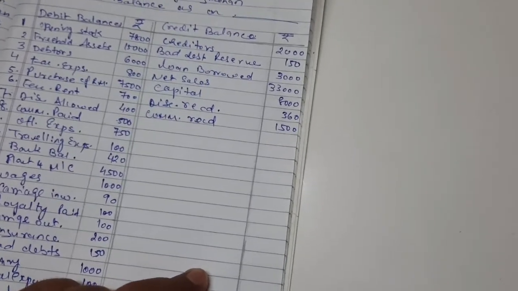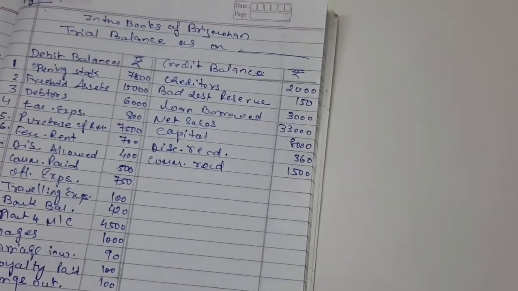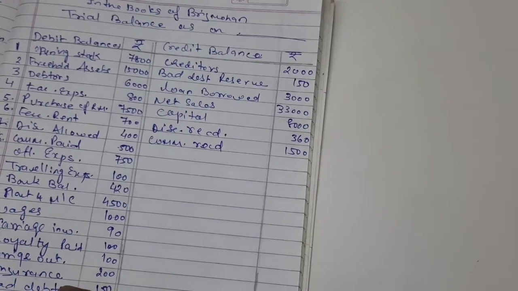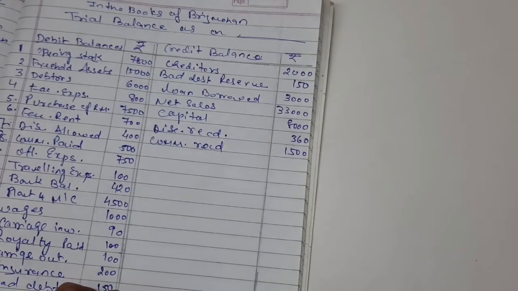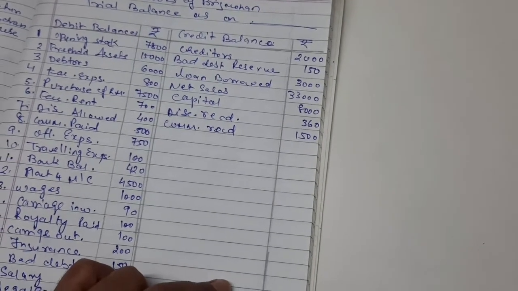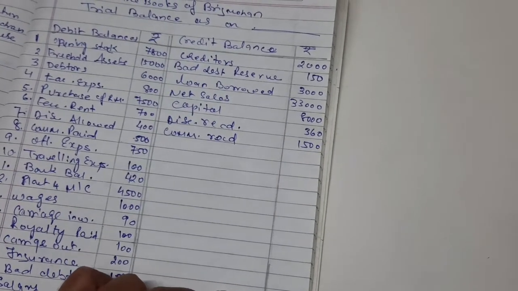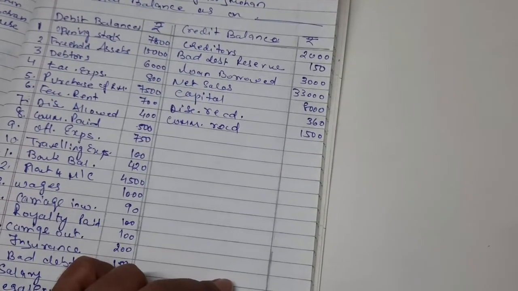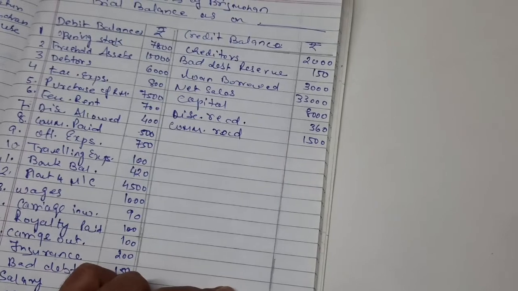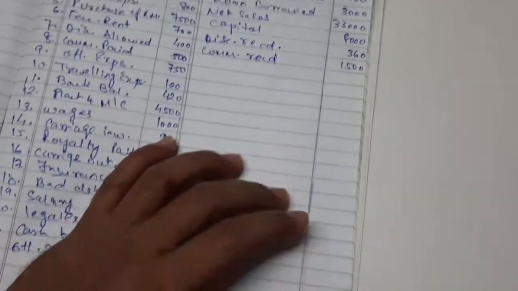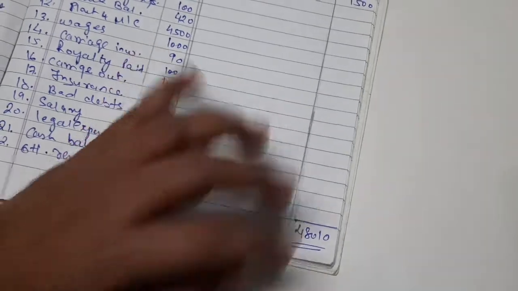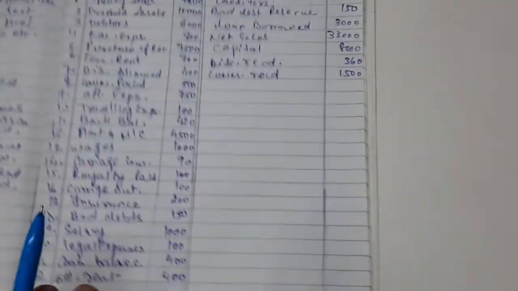and on the credit side also the total will be 48010.